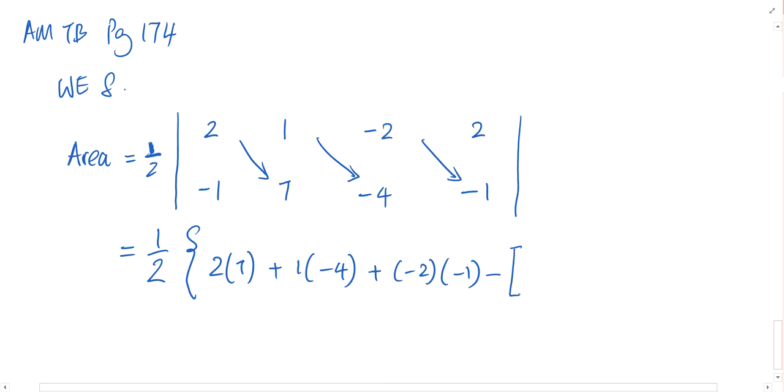All done? Okay, we are going the other direction right now. Whether how you draw the arrows doesn't really matter, as long as you know what to multiply together. Okay, so what do we have to multiply together first? -1 and 1. Okay, so please do that. -1 and 1.